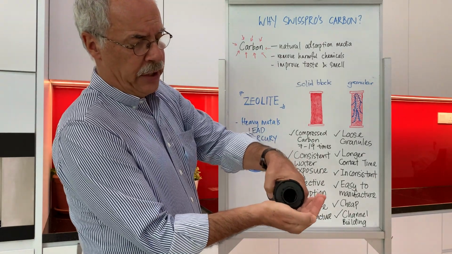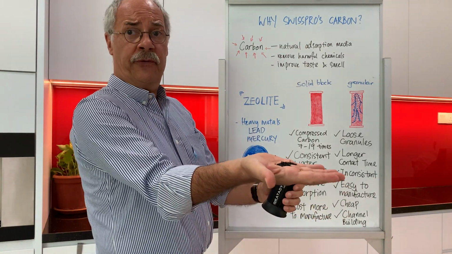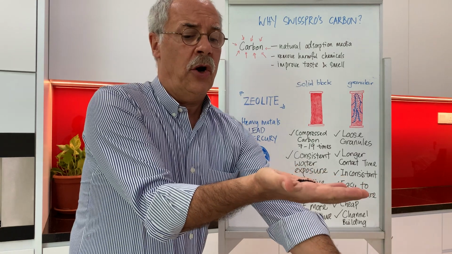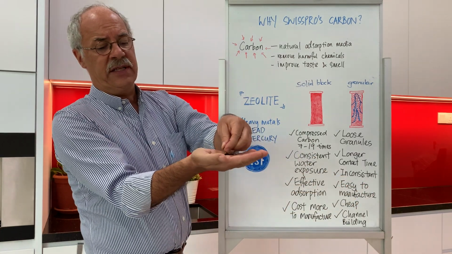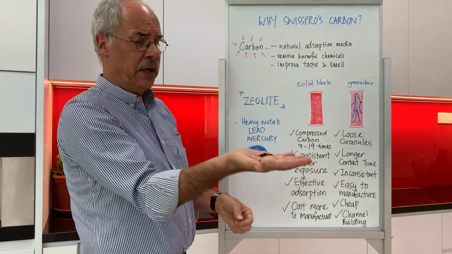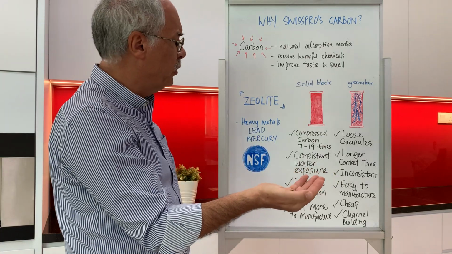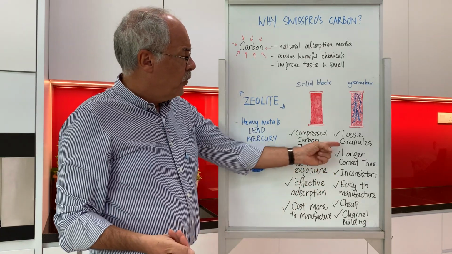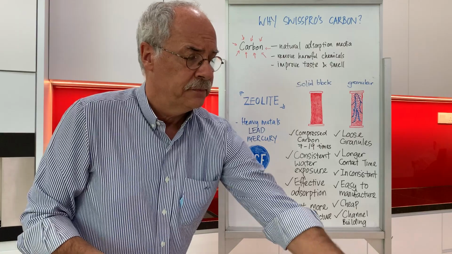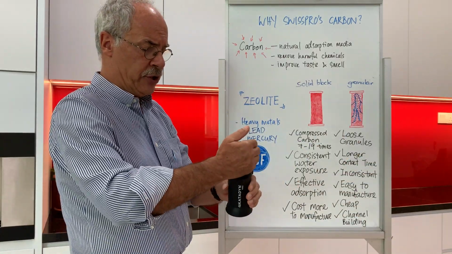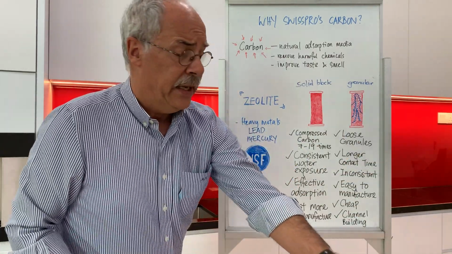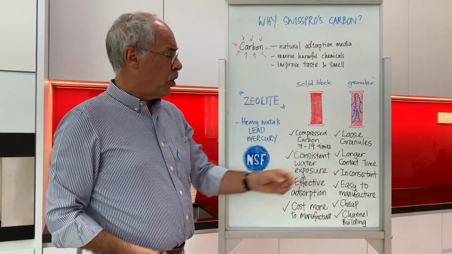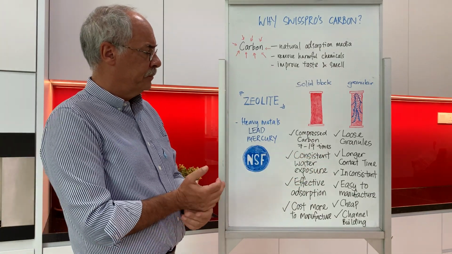I show to you here a bit of granular carbon. You see this is loose, a kind of granulate powder. So it's loose, fit into a cartridge. It requires more contact time.